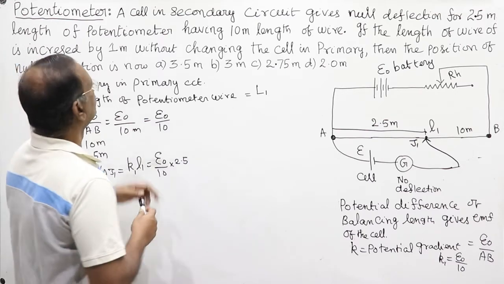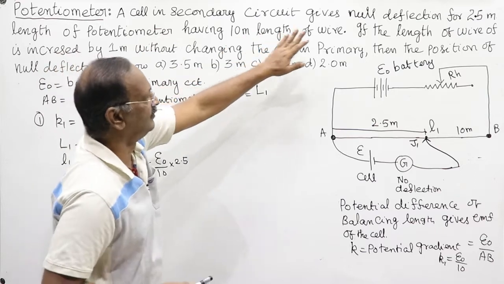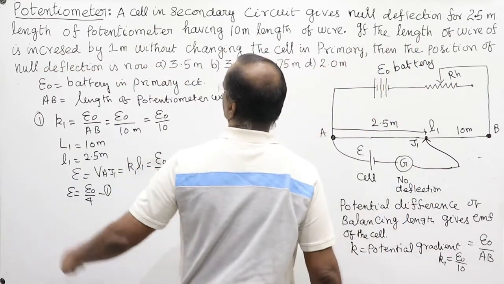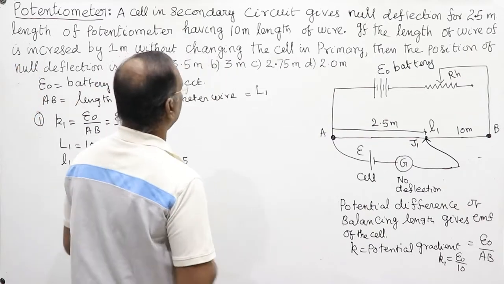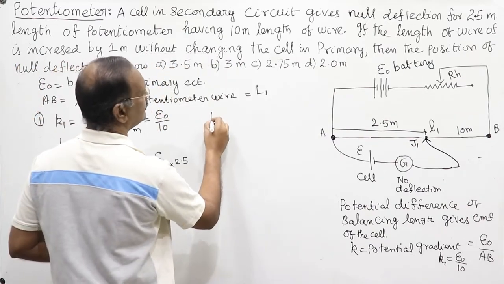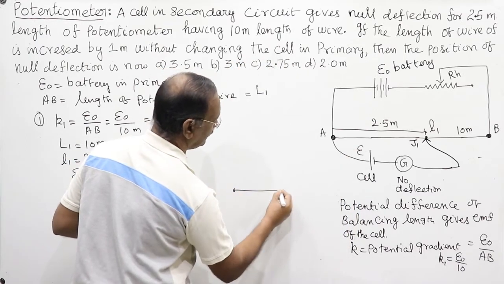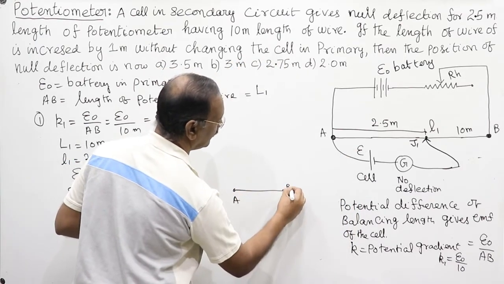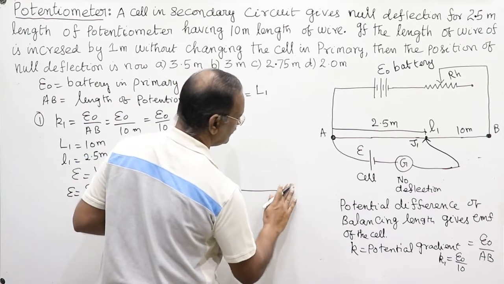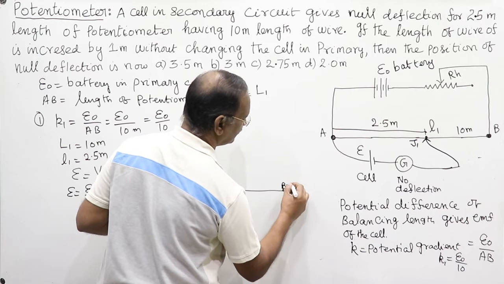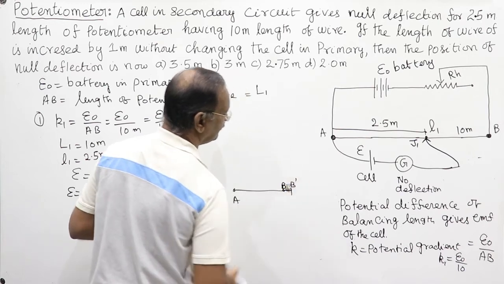So the potentiometer has a 10 meter length of wire. Second condition: the length of the wire is increased by 1 meter, now L2. See the situation like this, from A to B, the length of the wire is now increased by 1 meter, with B shifted to here, B dash.